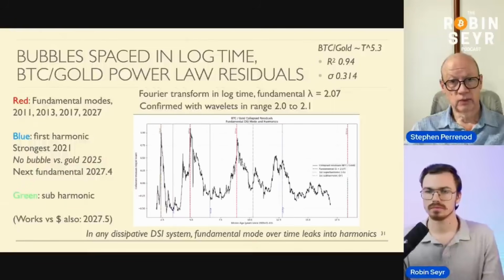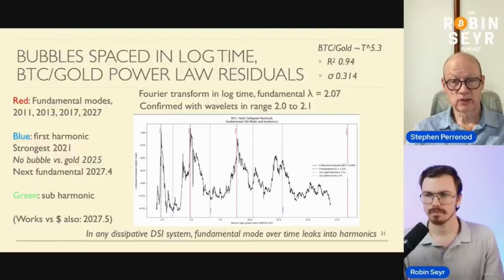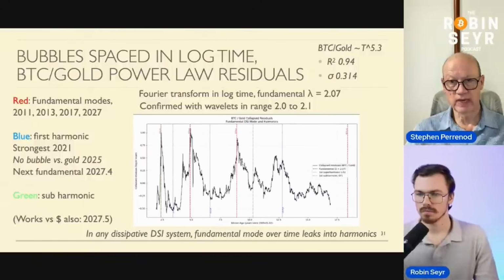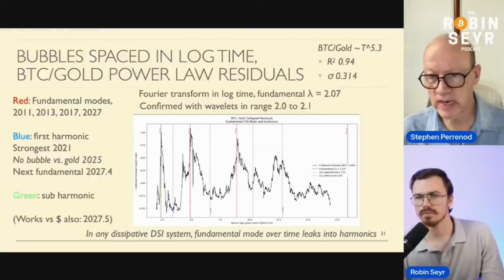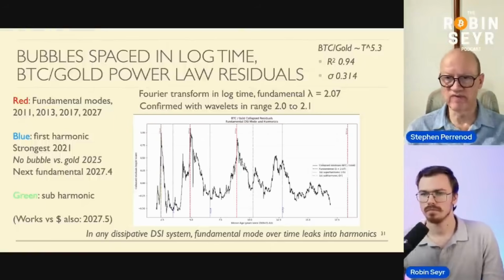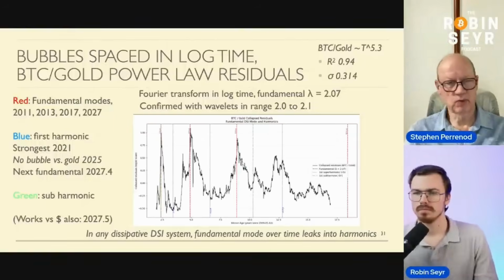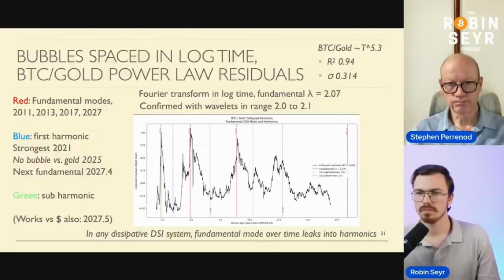And the result is that you fit the 2011 bubble, the red line, the 2013 bubble, the red line, and the 2017 bubble, the red line, but the 2021 bubble is not a fundamental. It's a first harmonic, and that's the blue vertical line that's at a little over 12.5 age, the double bubble, that's the 2021.